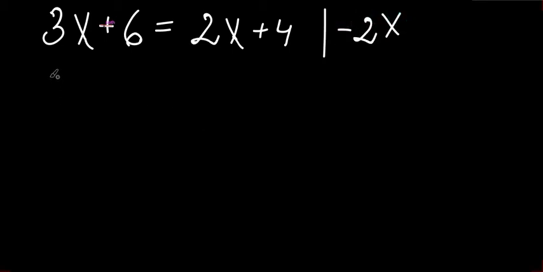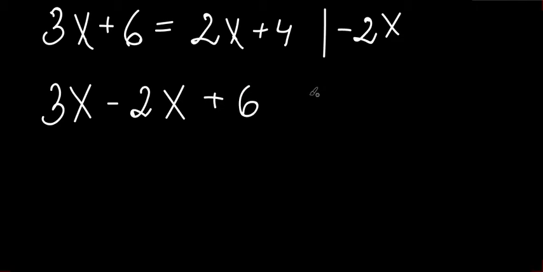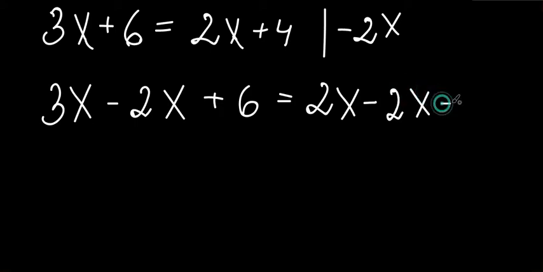What do we get? We get 3x minus 2x plus 6 is equal to 2x minus 2x plus 4. Okay, so that gives us 0, right? And that gives us 1x.